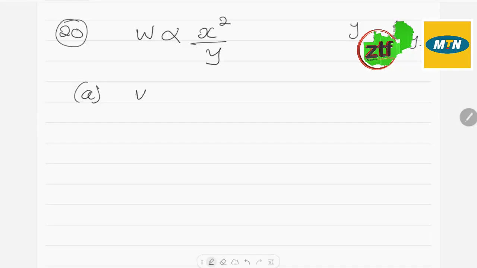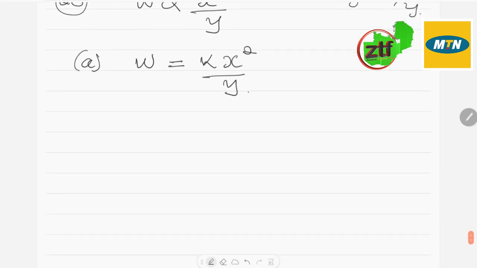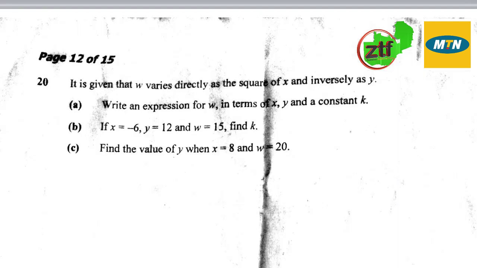So we'll write W equals, and I'll introduce the constant of variation k, multiplied by the term on the right hand side, which is x squared over y. That is the expression in terms of x, y, and k. So we have done part A of question 20.